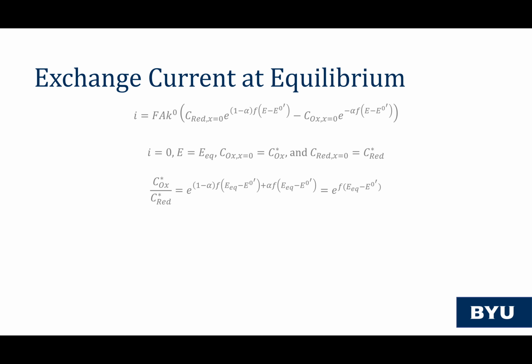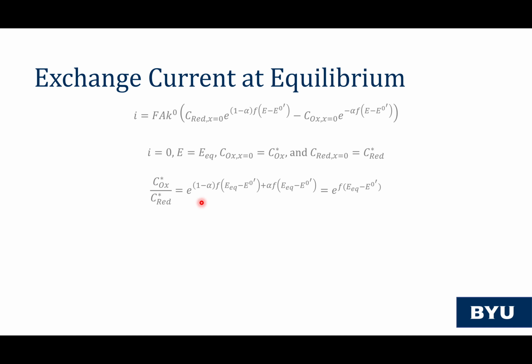At equilibrium, our current is going to be equal to 0, and our concentrations at the surface of the electrode will be equal to the concentrations in the bulk. And so we can cancel out the current, and we can rearrange to get our concentration ratio here.